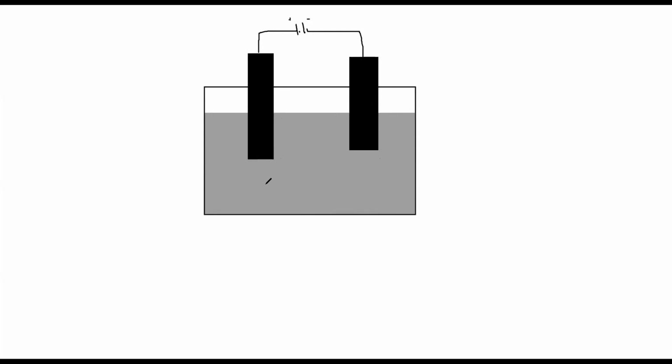So positive and negative, the solution contains hydrogen ion, chloride ion, and hydrogen ion and hydroxide ion. Anode and cathode are inert, and this is aqueous concentrated HCl. Since it's concentrated, more hydrogen ions and chloride ions are there.